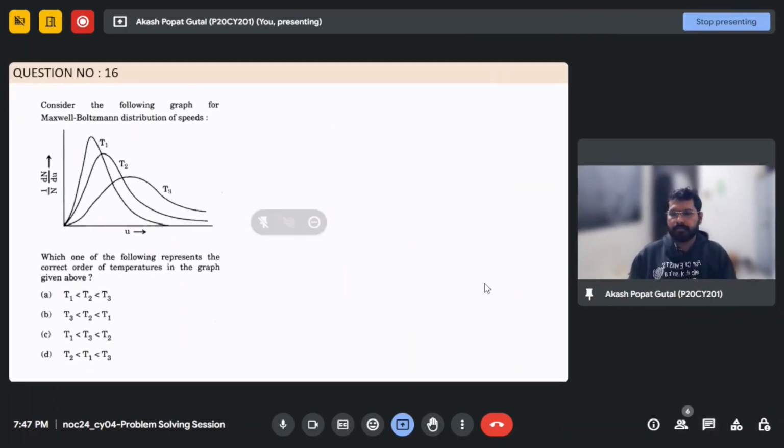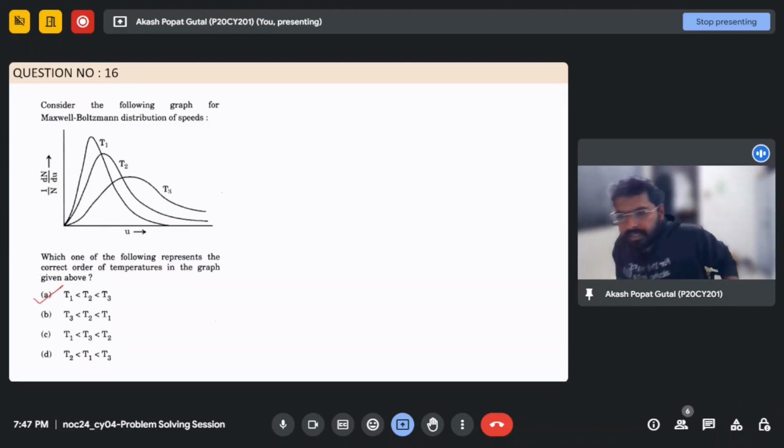T3 has the highest temperature and T1 has the lowest temperature. Yes, T3 has the highest temperature and T1 has the lowest.